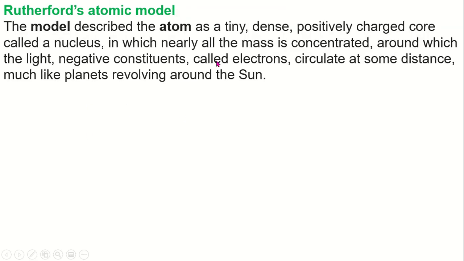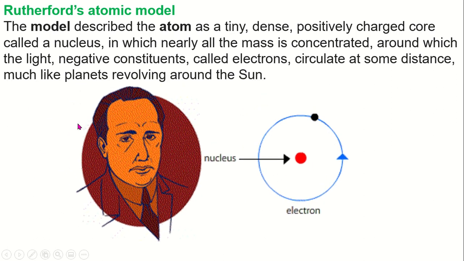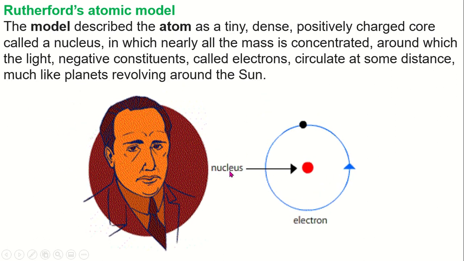The model described the atom as a tiny, dense, positively charged core called a nucleus, in which nearly all the mass is concentrated, around which the light negative constituents called electrons circulate at some distance, much like planets revolving around the sun, and the atom is electrically neutral.